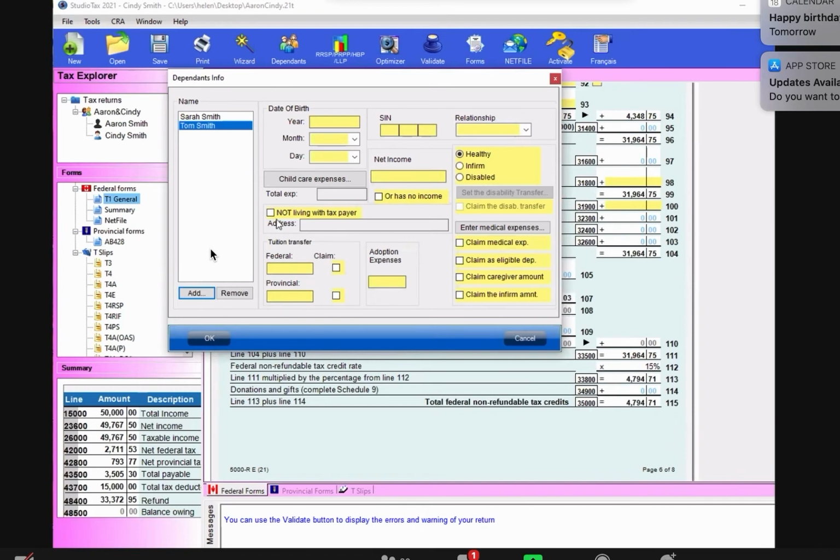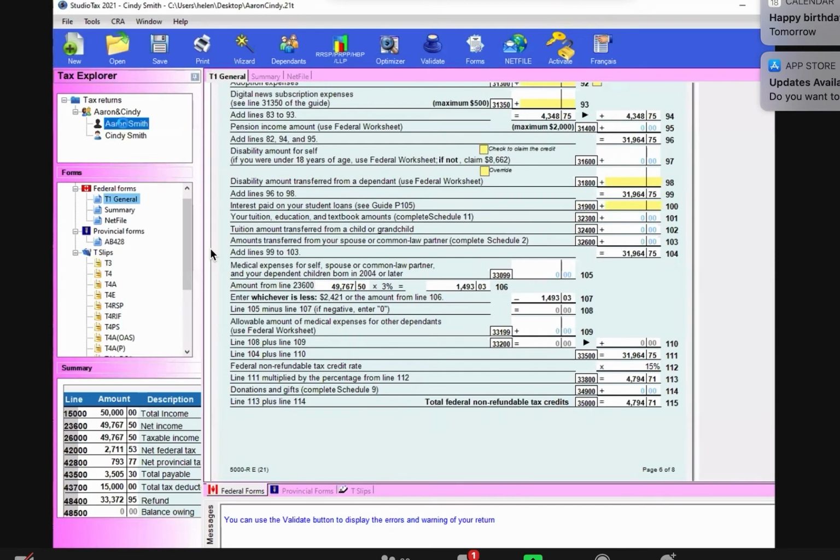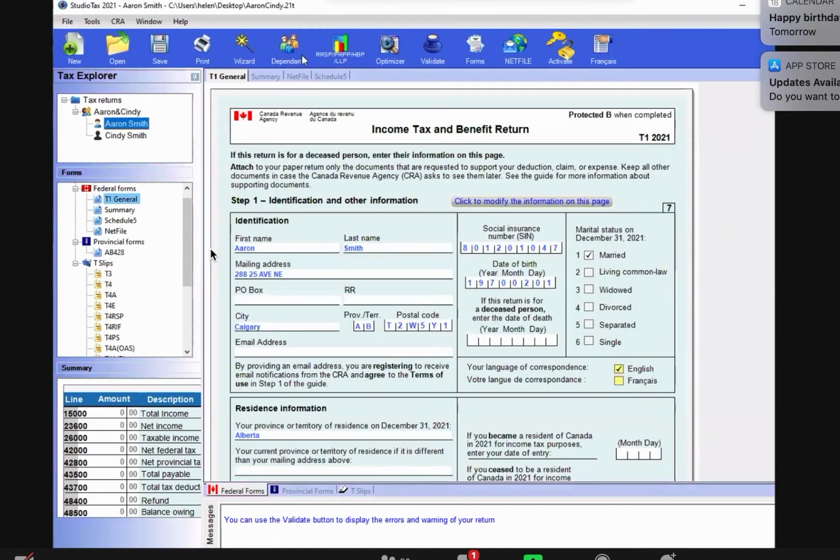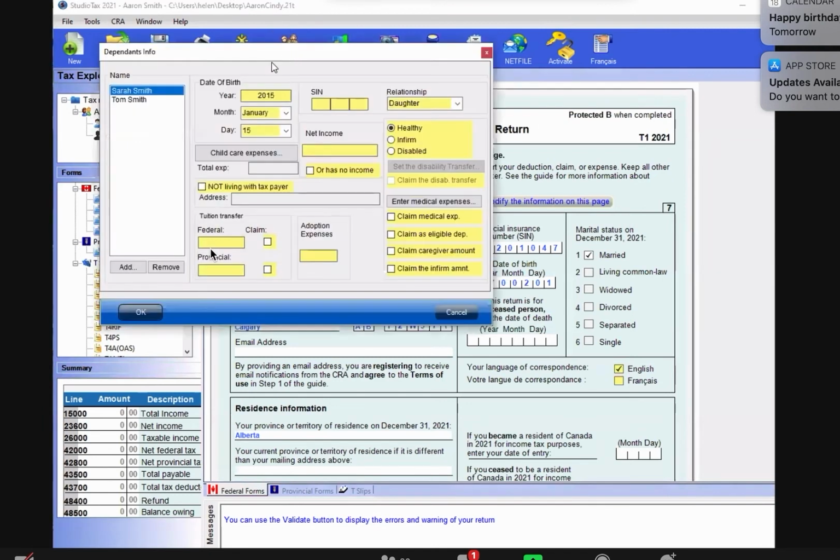You open Aaron's file, okay? In this case, you open Aaron's file. If you decided to put it on Aaron, then you put it in Aaron's file, here.